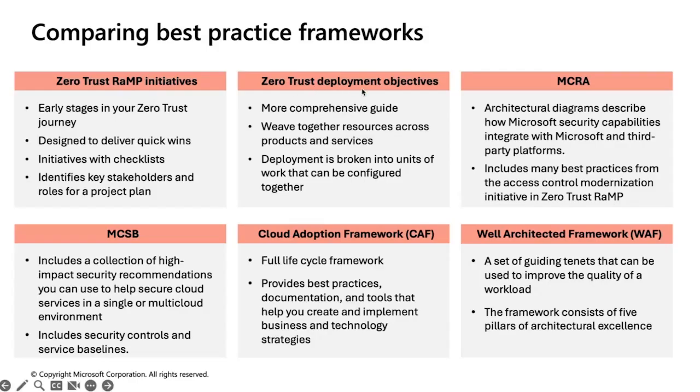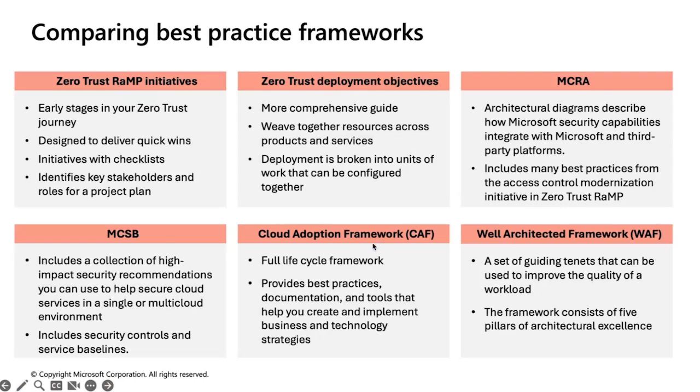Whereas Zero Trust is a comprehensive guide, and this may be a time-taking process where you implement security controls and different kinds of implementation around 6 different pillars. MCRA is a collection of reference architecture that gives you design considerations: what to use, when to use. Then we have MCSB, a collection of security recommendations based on the current state of your organization.